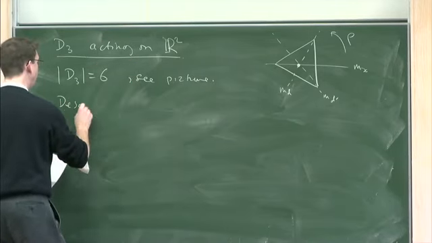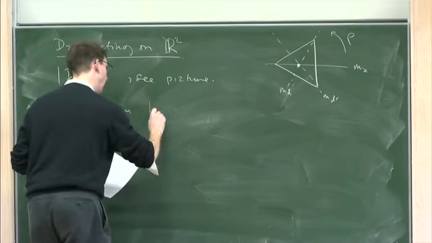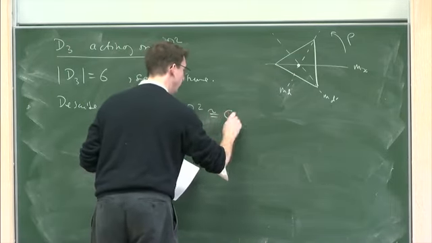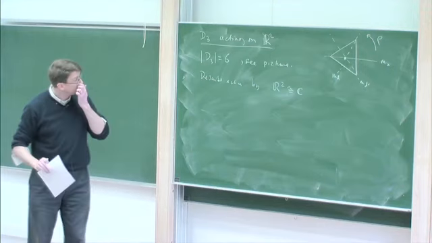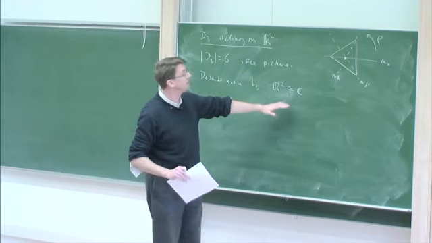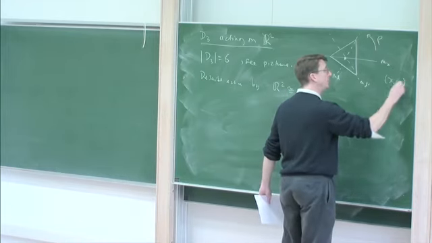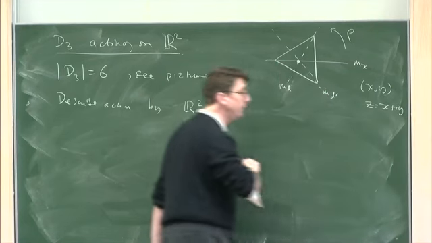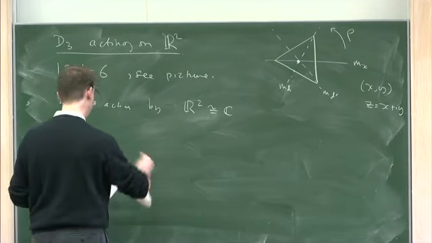And then I'm going to describe the action by using the identification of R2 with the complex numbers. Okay, so I'm still going to have an absolutely irreducible problem. It's just for labeling convenience that, instead of doing everything with points x and y in the plane, I'm going to use one complex variable, just because it makes writing everything down so much faster.